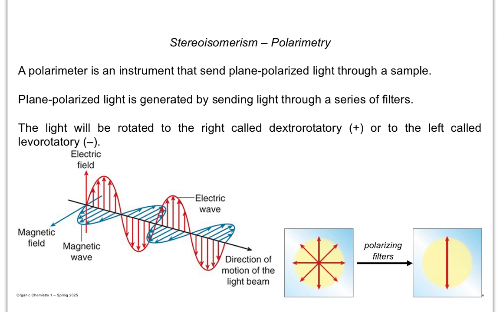So we talked about light having these different electromagnetic vectors that are orthogonal to one another. There's a light source in the instrument that's passed through a filter, which subsequently passes through the sample, and then you measure the rotation clockwise or counterclockwise at the detector.